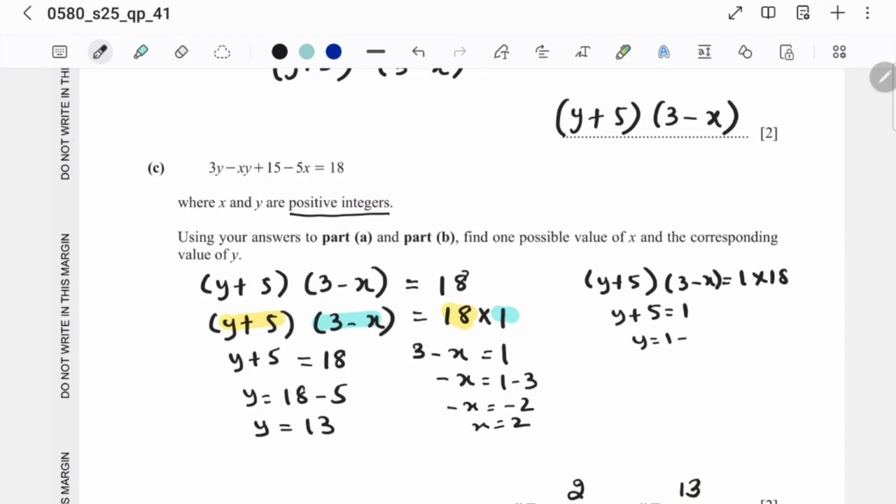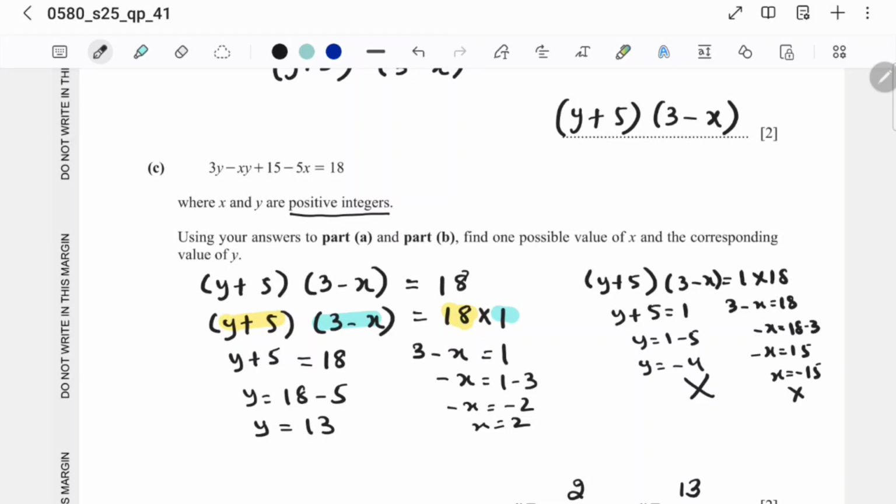Then y is equal to 1 minus 5, and this is minus 4. That is not possible because we are getting a negative answer. And if I'm taking 3 minus x is 18, in that case also x equals minus 15, so that's not possible.